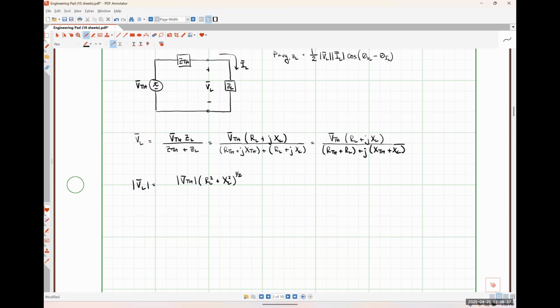That's literally just the Pythagorean theorem. A squared plus B squared is equal to C squared, so C is equal to the square root of A squared plus B squared. And I can do the exact same thing for what's going on in my denominator, right? So I will have down here RTH plus RL. Let me do it the same way.